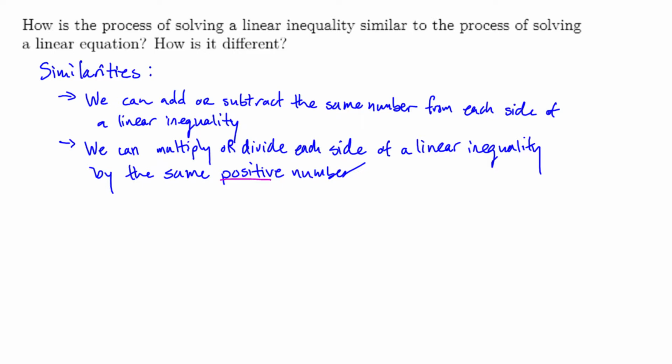So the key difference, there's one, is that if we multiply or divide each side of a linear inequality by a negative number, we must reverse the sign.